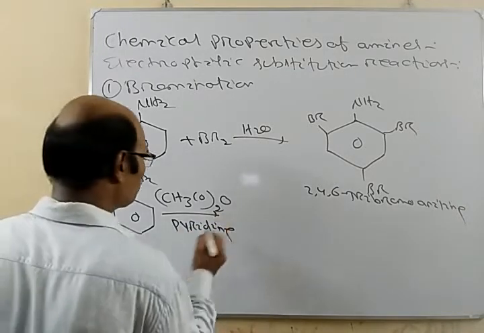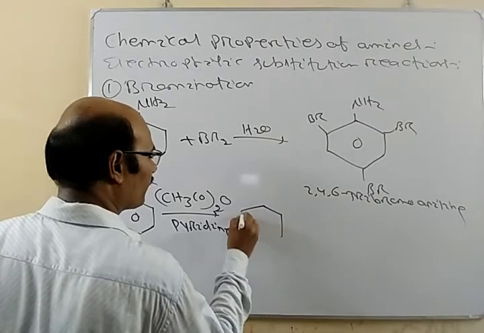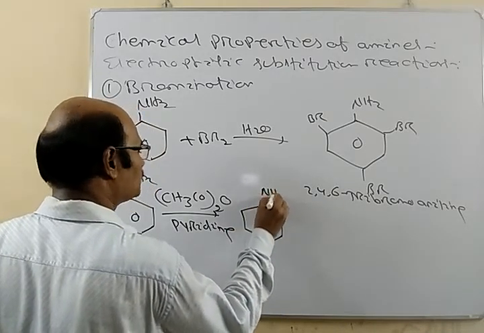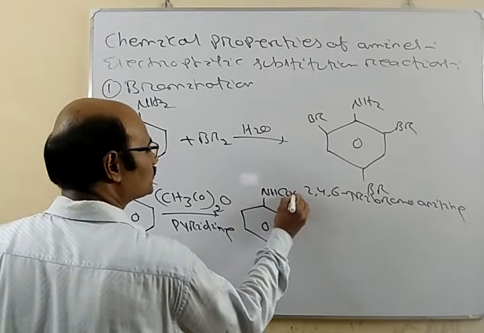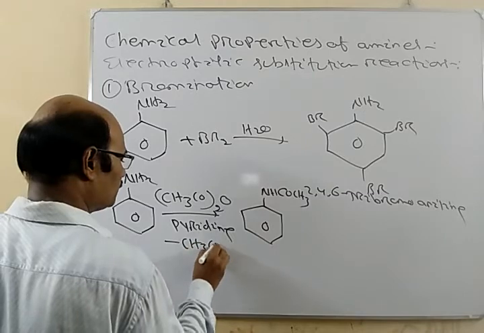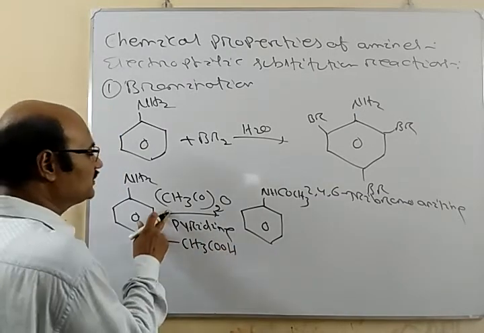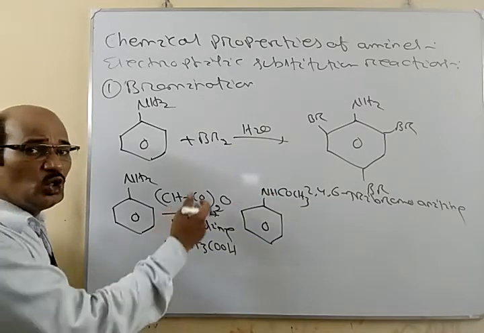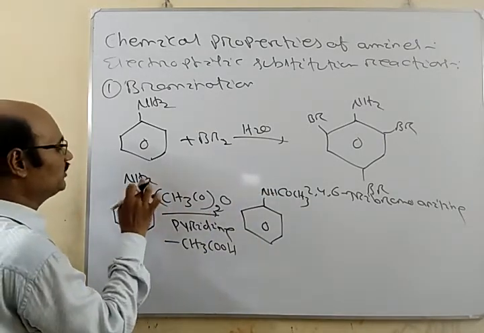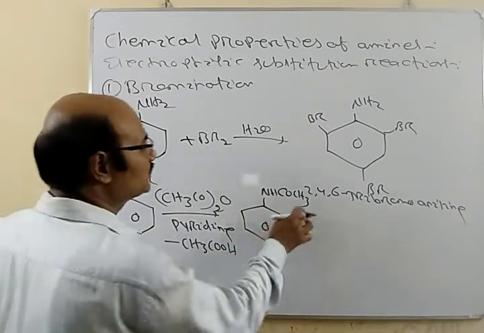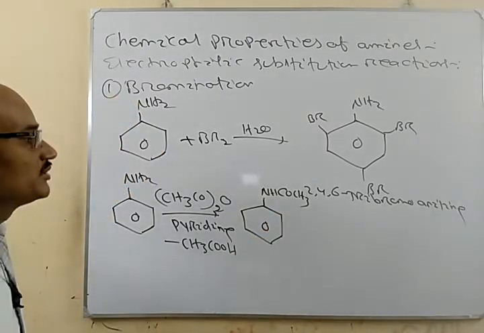So what happened here? NHCOCH3 and what else? CH3COOH. The (CH3CO)2O, CH3CO has passed. We remove CH3COOH and we get NHCOCH3 or CH3CONH.